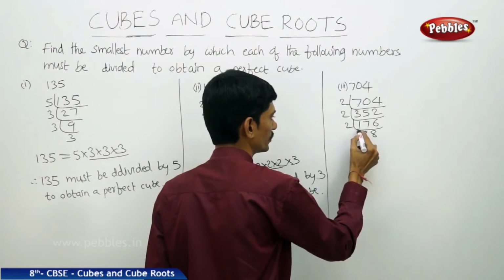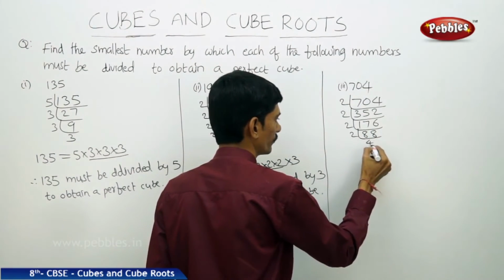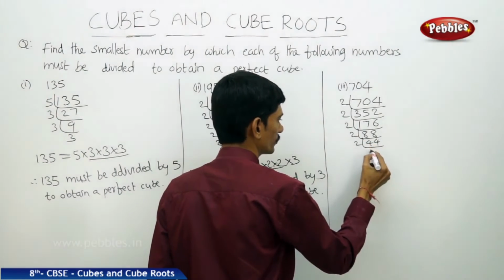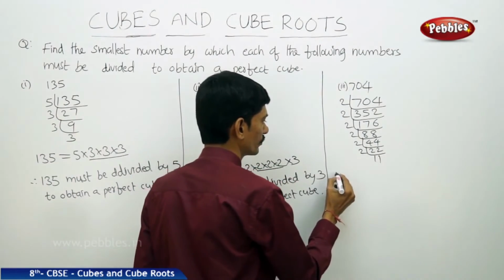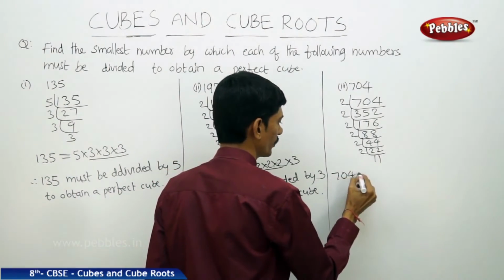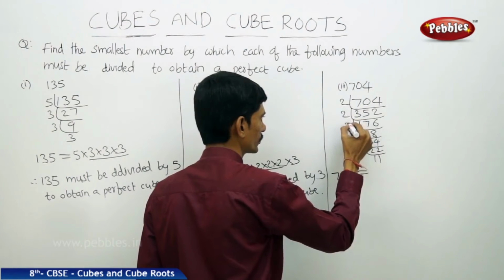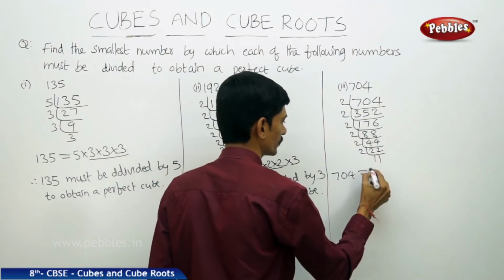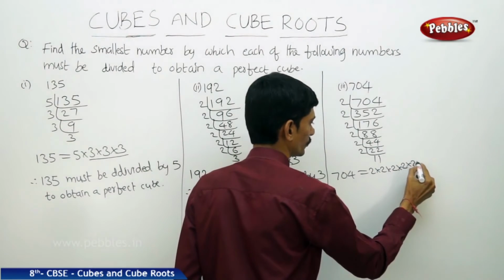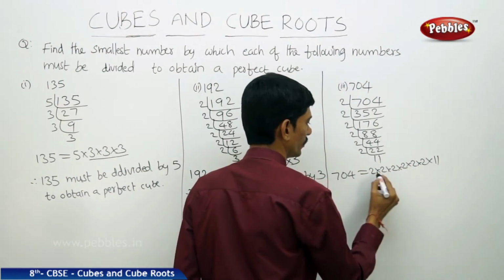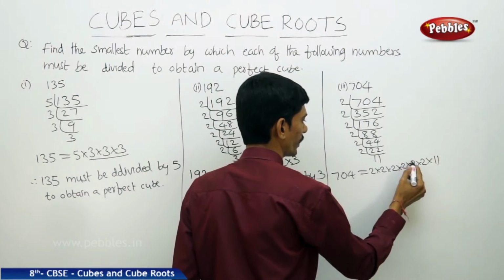Again 2 table: 2 44s, 2 22s, 2 11s. Now 704 equals 1 2 3 4 5 6, 2 into 2 into 2 into 2 into 2 into 2 into 11.